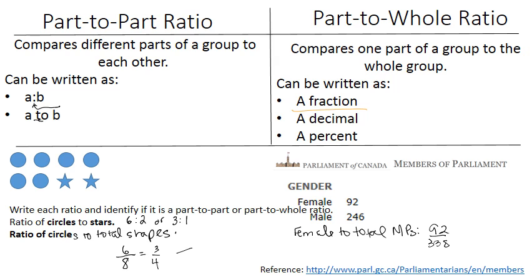Now we can divide both of those by 2. We get 46. So this would be our part to whole ratio.